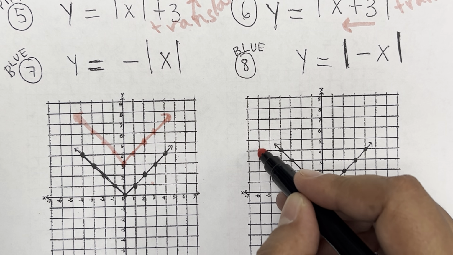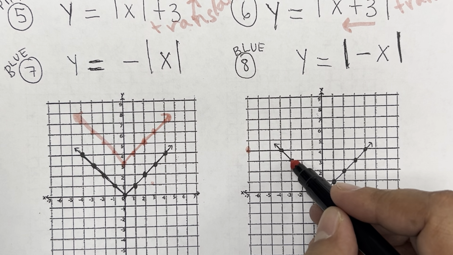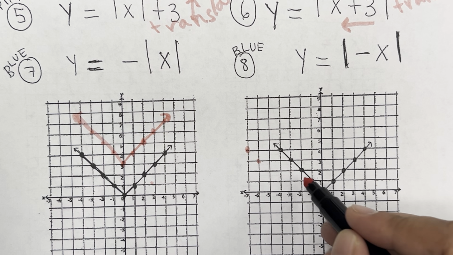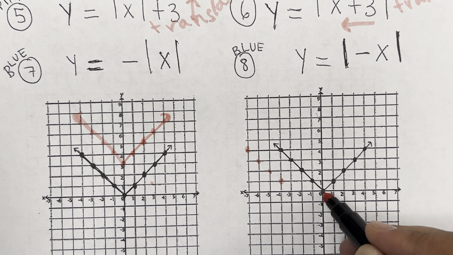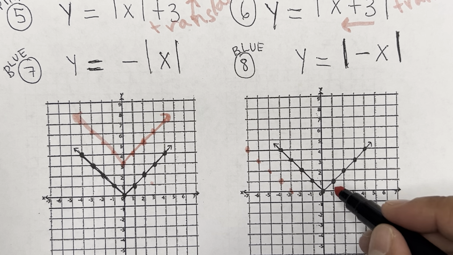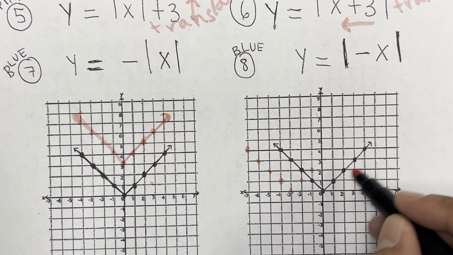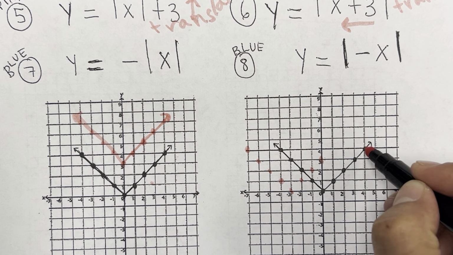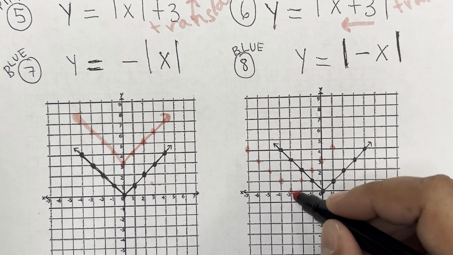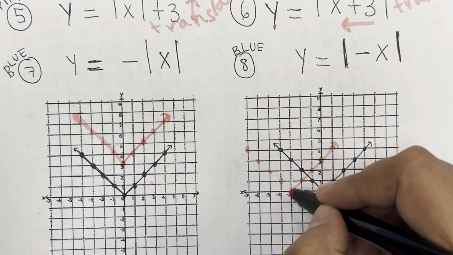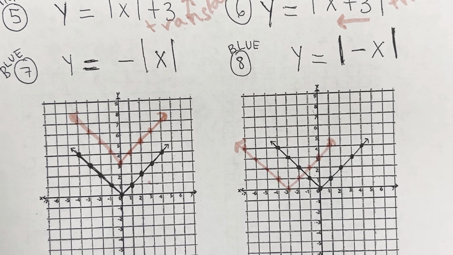So 1, 2, 3 is positive, but you go to the negatives. 1, 2, 3, for each point. Okay, so you draw it right there.